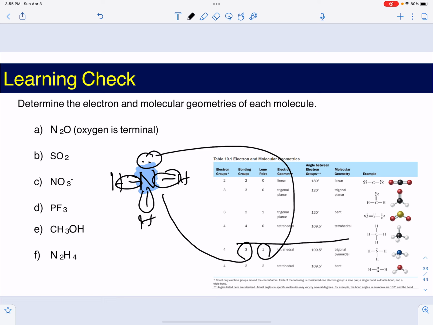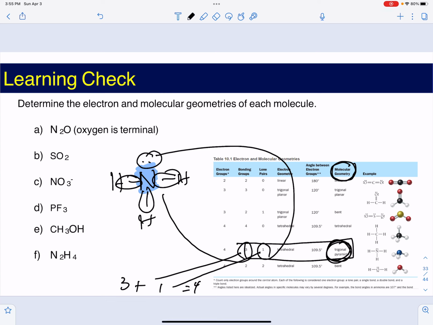That's going to correspond with trigonal pyramidal for the molecular geometry. Since all together we have 3 plus 1, we have 4 electron groups. Because of that, the electron geometry is tetrahedral, but because 3 of them are bonding and 1 of them is non-bonding, the molecular geometry is trigonal pyramidal.